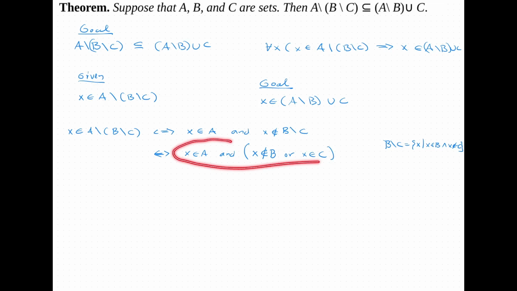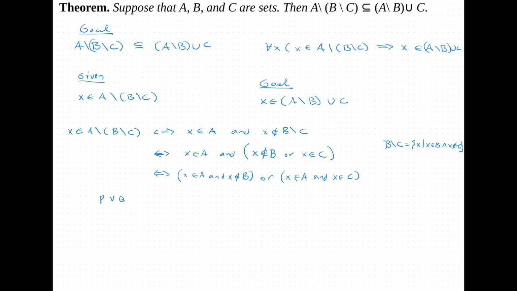Now, if we use the distributive law, we can go ahead and see that this here is logically equivalent to x is in A and x is not in B, or x is in A and x is in C. So at the end, what we end up getting for the statement that we want to prove is that in wanting to show this goal, our assumption, our given, is actually a statement of the form P or Q. And so we want to have P or Q implies R, where R is this statement here.